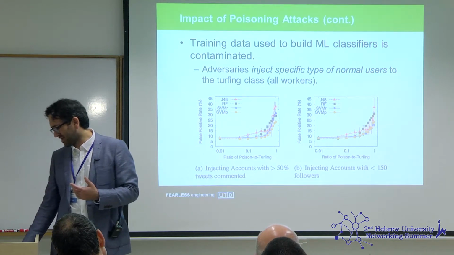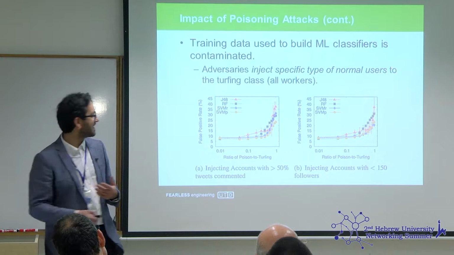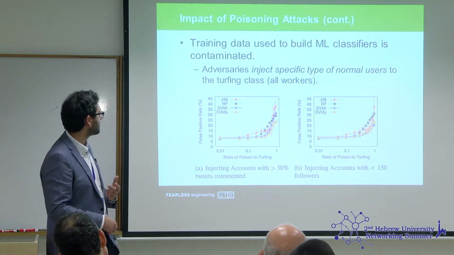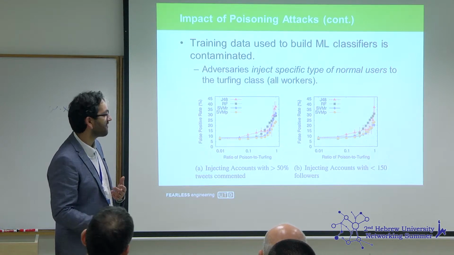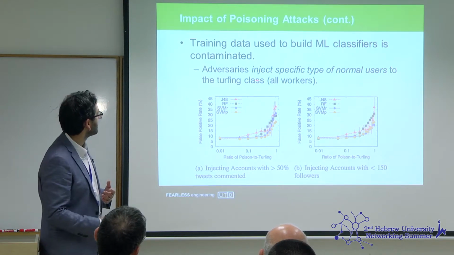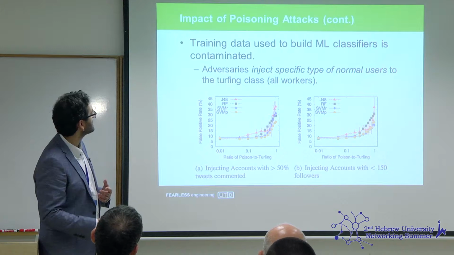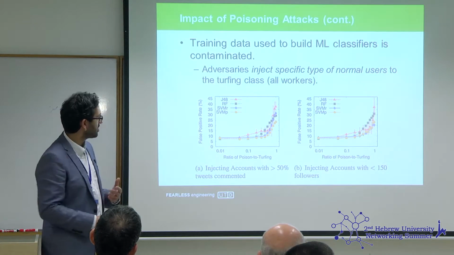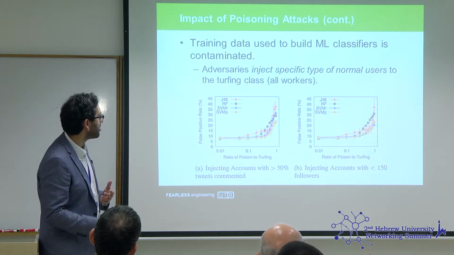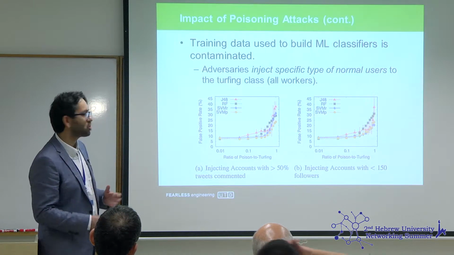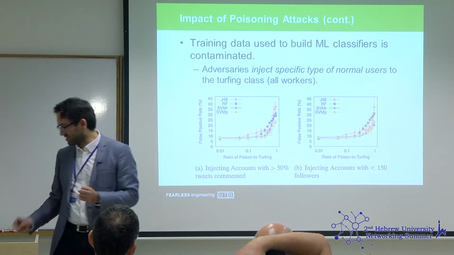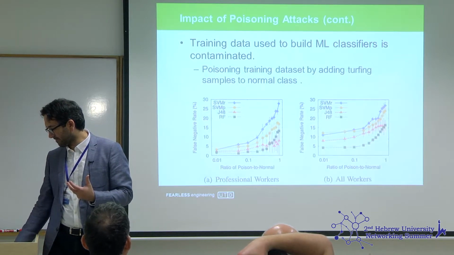They look at different settings like injecting accounts with a certain number of tweets or injecting accounts with fewer followers, and specific types of injections seem to, especially in this scenario, give much better results. So you can tailor the injections and attacks accordingly.